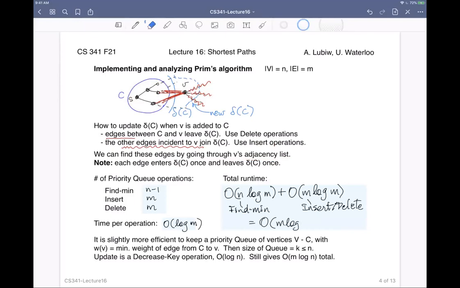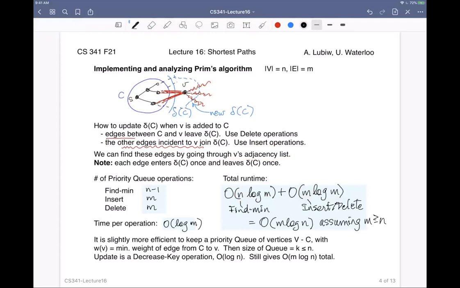Remember, m is at worst n squared, and log of n squared is 2 log n. And the other thing I've done in this final line is say, I have here an n log of m and here an m log of m. And here I'm assuming that m is at least n.